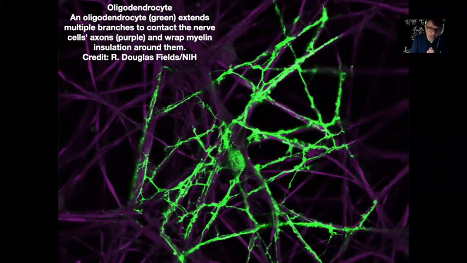This is important because we know that change in myelination can lead to change in connectivity, and change in connectivity can lead to a change in behavior or learning new skills. So that's really also a fundamental cell behind plasticity.